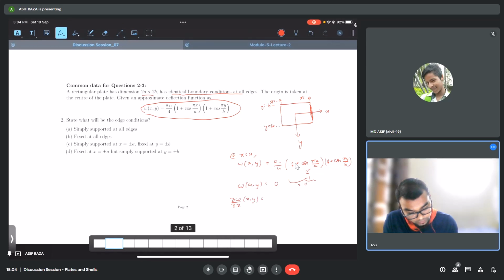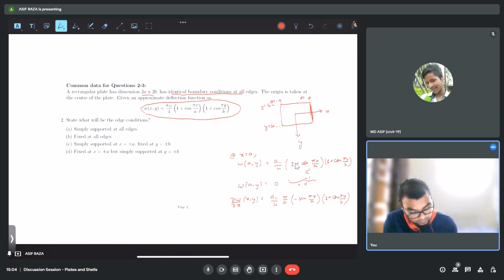It will be a1 by 4 times minus pi by a sin pi x by a times (1 plus cos pi y by b).